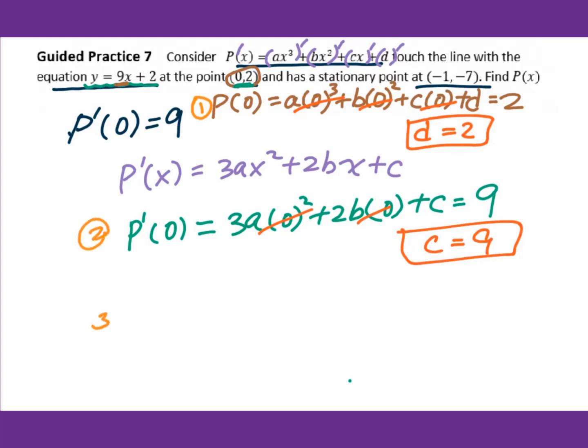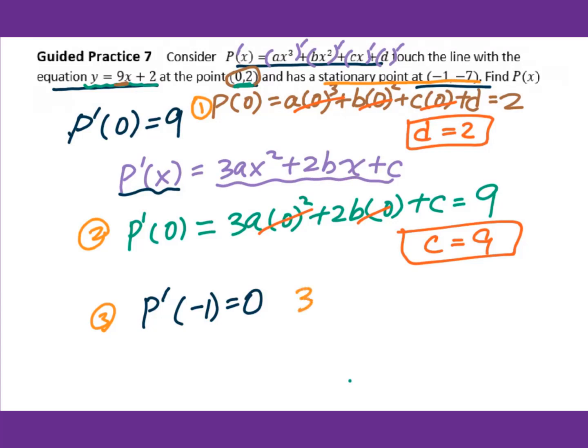So we get to the third step: stationary point at (-1, -7), which means I will plug into the derivative function, p prime of -1, which will be 0. So I plug -1 into this function. You will get 3a times -1 squared plus 2b times -1 plus c equals 0.